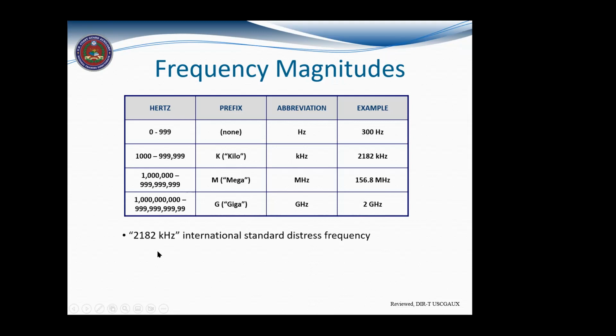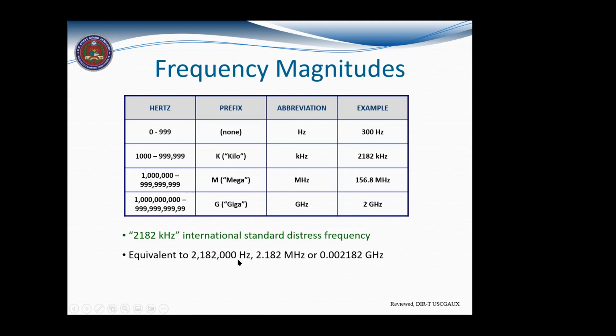One of the questions they will ask you will probably be to convert. And remember that each one of these changes is 3 decimal places. So if you are looking at a rate of 2,182 kilohertz, that could also be expressed as 2.182 megahertz or 0.000002182 gigahertz.